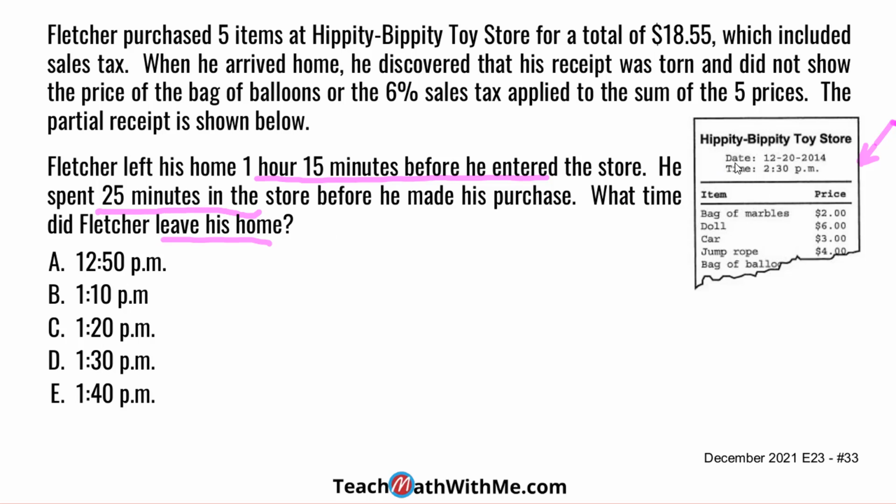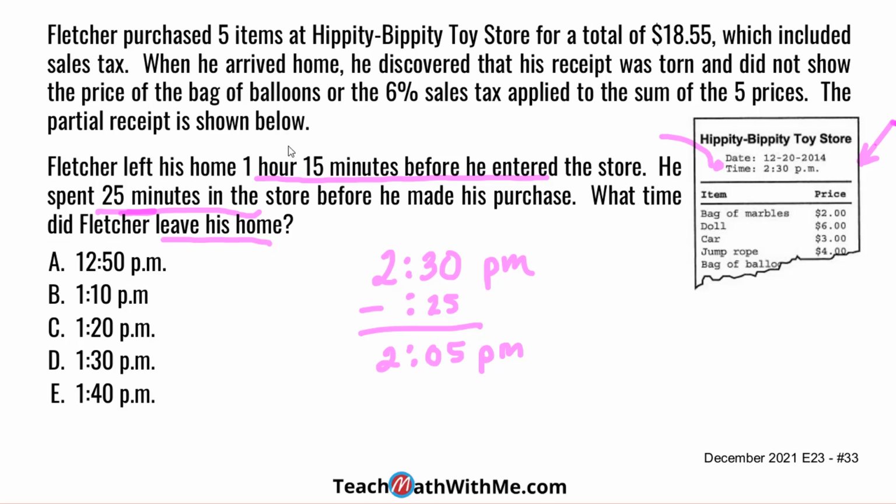And when he made his purchase and got his receipt, we have a timestamp right here, and that's at 2:30 p.m. At 2:30 p.m. is when he made his purchase. And leading up to that, we have that 25 minutes that he was in the store. So we can subtract 25 minutes from that, telling us that he entered this store at about 2:05 p.m. That's when he entered the store.